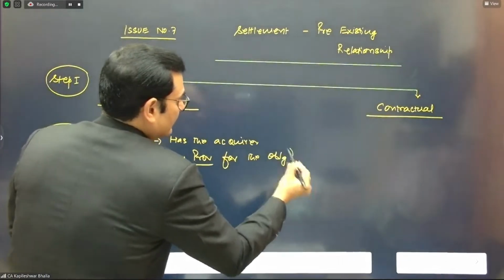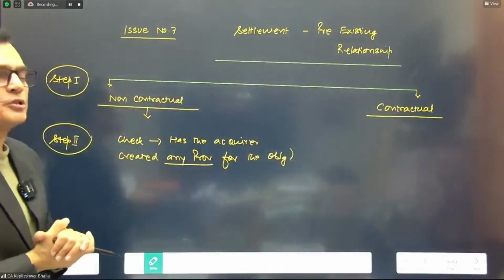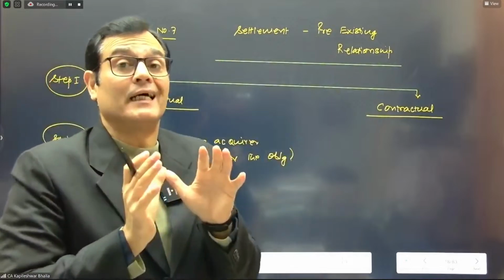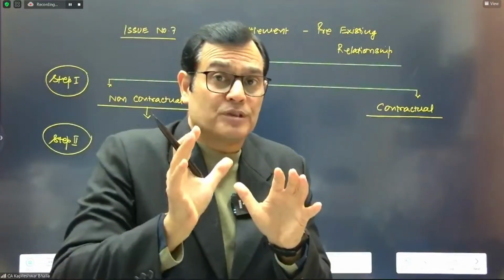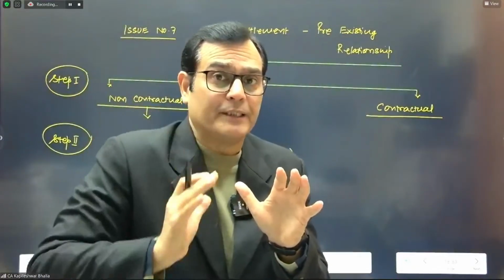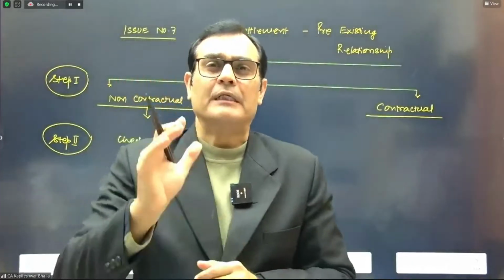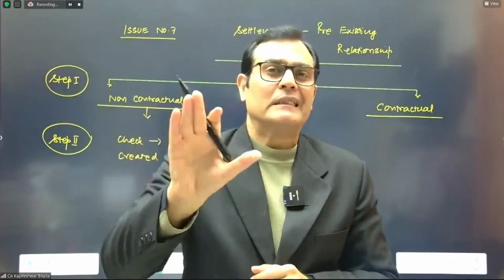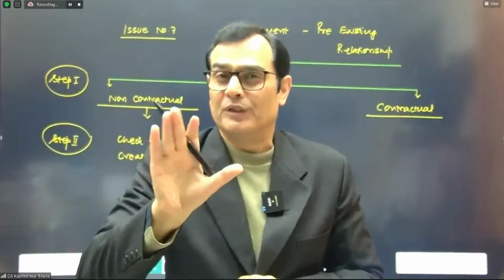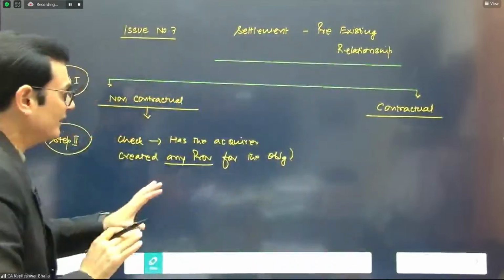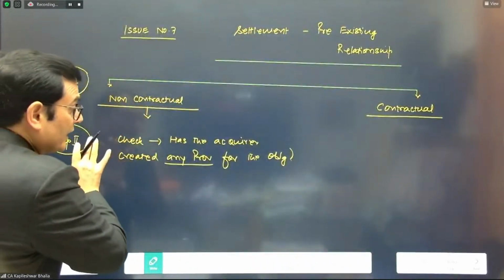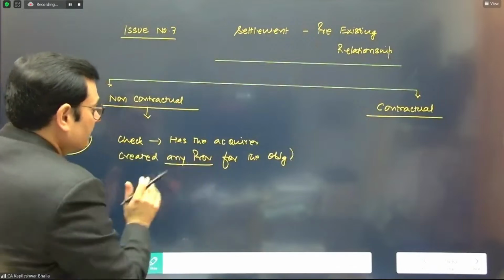So we need to see whether he has created any provision in the books of accounts for the obligation. I repeat, I am concentrating on only one direction. The acquiree has filed a court case against the acquirer. If you consider the other way around, then the treatments will undergo a reverse. So we are concentrating on only one aspect. Check whether the acquirer has created any provision.